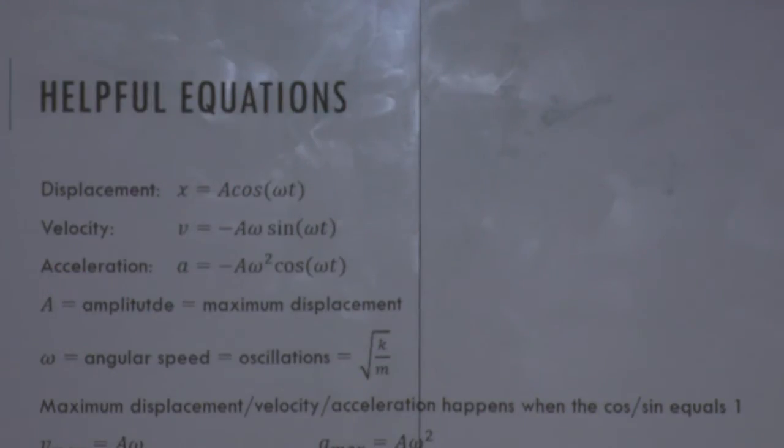In fact, your velocity will be 0 where your acceleration is max, right? And likewise with your displacement, if your velocity is at maximum, your displacement will be at its absolute minimum, which is 0. People who may have taken calculus before will recognize these are all derivatives of each other. If you haven't taken calculus, don't worry about it.